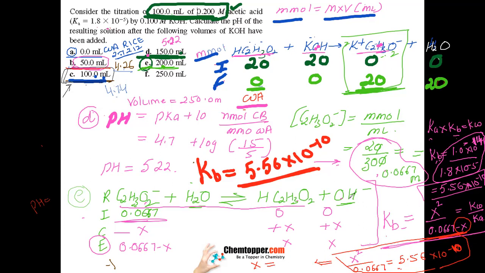And what is x? X is OH minus. Jyoti, get the value of x and get the pOH. Because x is OH minus, it is not H plus. So x is concentration of OH minus. Get the pOH and then get the pH.